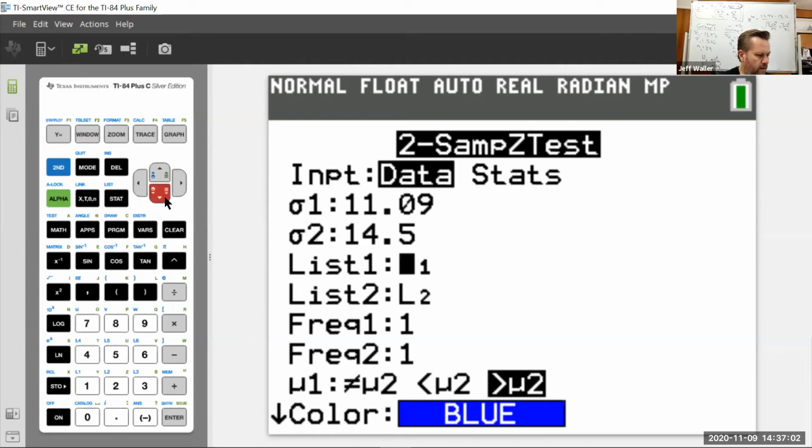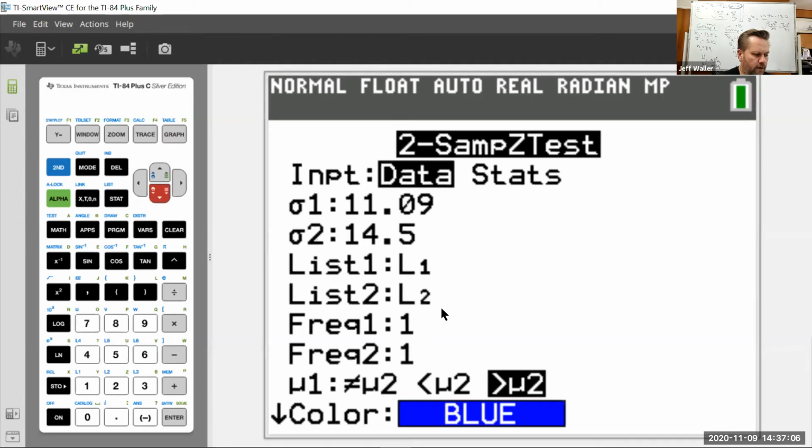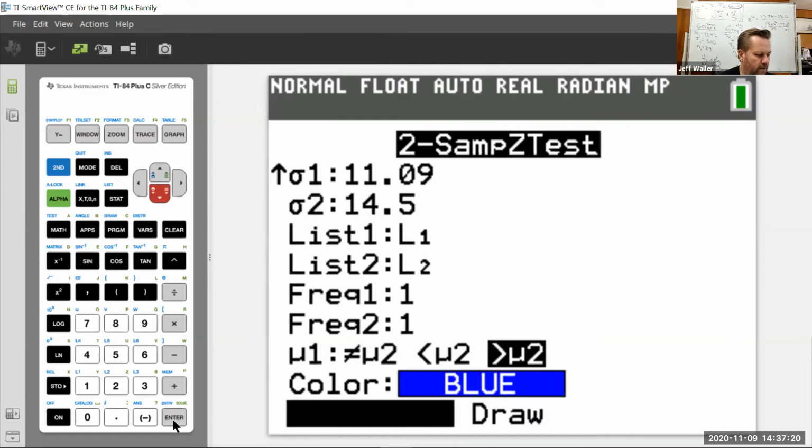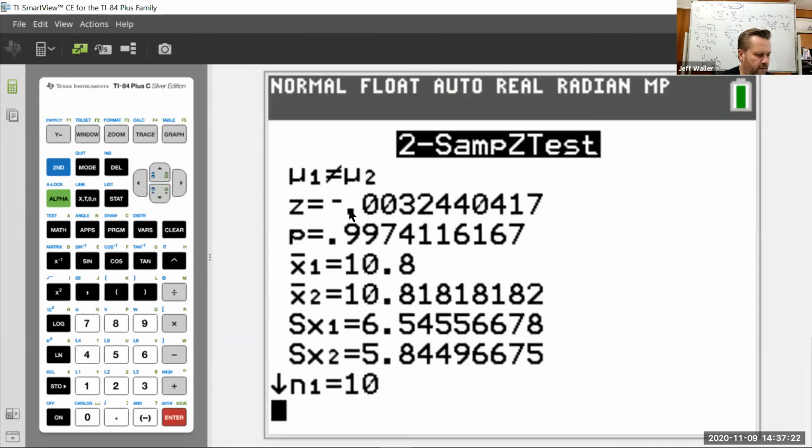Then you tell it L1 and L2 is where your lists are. They're all frequency 1. You make this mu1 not equal to mu2. Do you guys see what I'm doing here? It pretty much mimics the steps that we take. So let's calculate. And then here's where you'd see the Z-score and so forth.